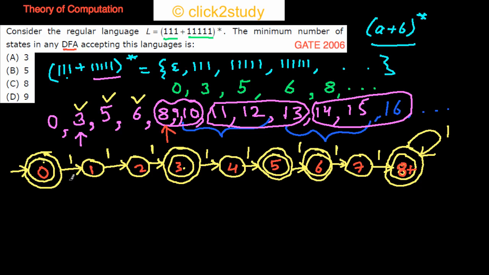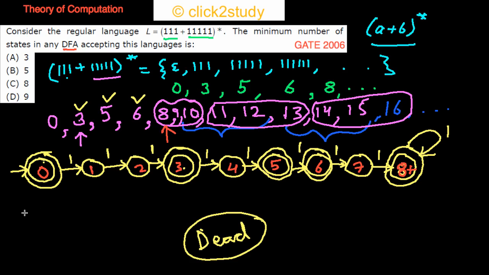This is a DFA in front of you. But what seems to be missing is the dead state. You need a dead state. Okay, actually you don't need a dead state. Why? Because it's kind of ambiguous.